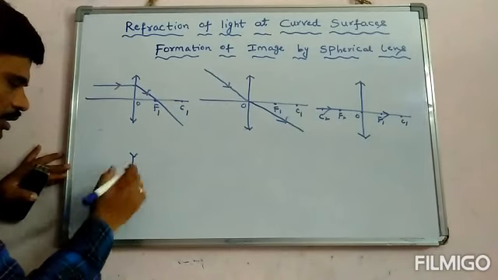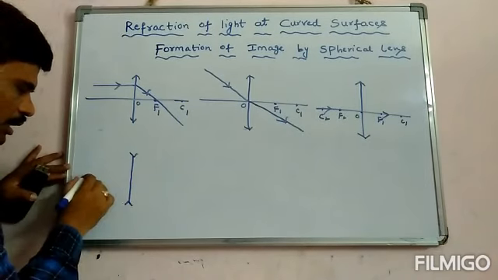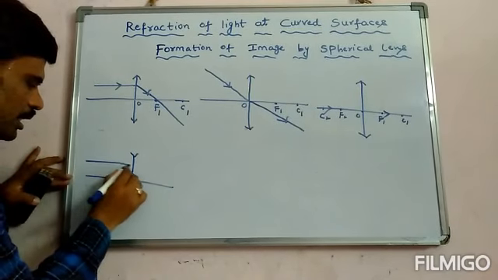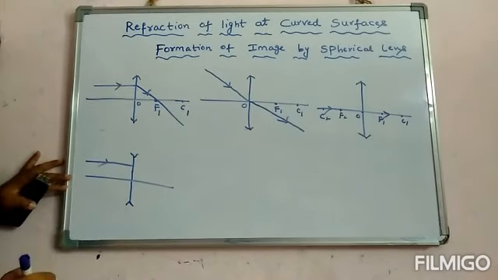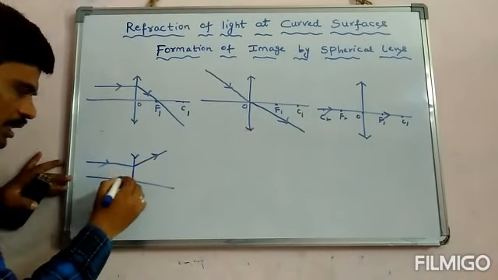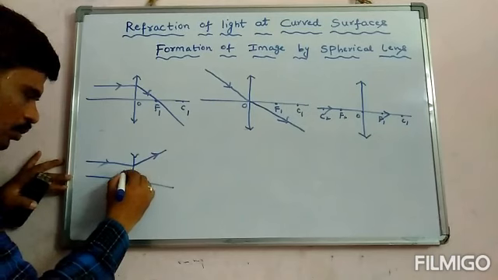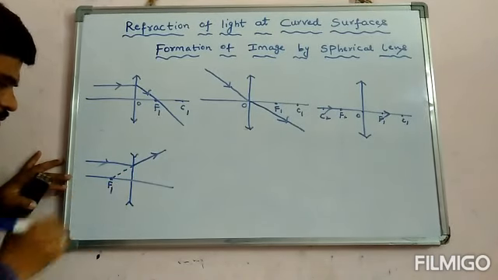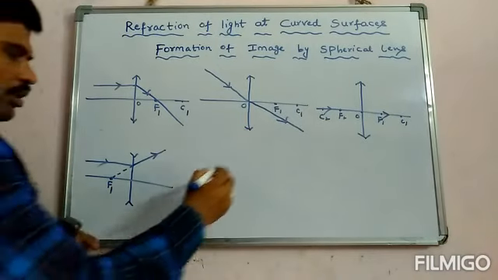Now let us see the rules for concave lens. So the first rule is, if any ray passing parallel to principal axis, then it will diverge in such a manner that it appears to be coming from focus. Right? This is the first rule.